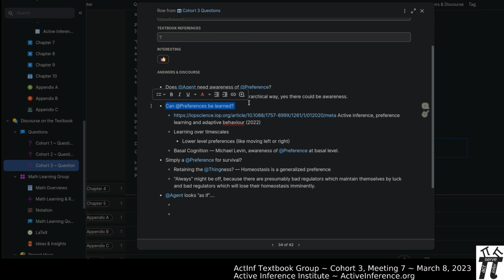Can preferences be learned? Yes. Here's a paper of Sajid et al. Preference learning in general, though, is a very challenging problem, because how do you even know what you would want to learn? So it also quickly moves into this kind of hierarchical modeling setting where when you write out the model, you'll have a lot of clarity about what is being learned and what isn't being learned.